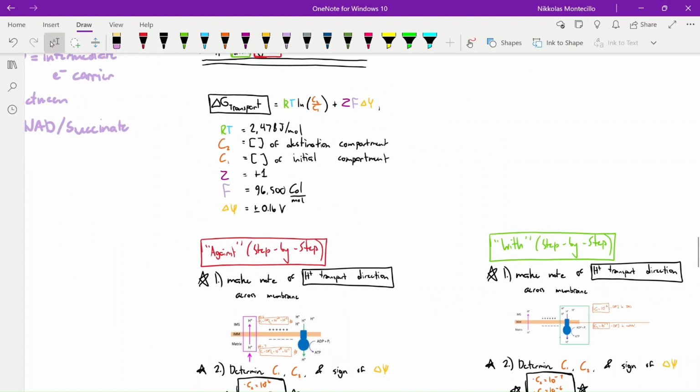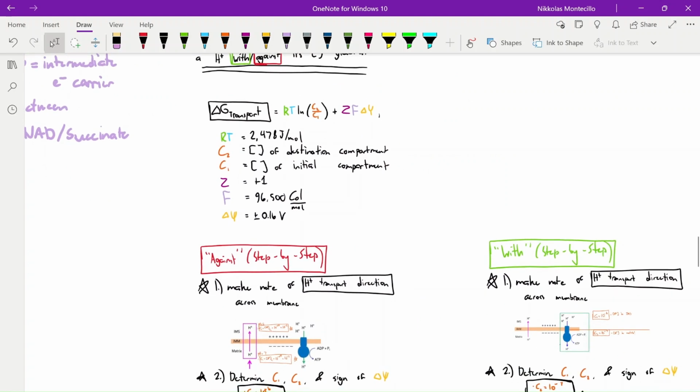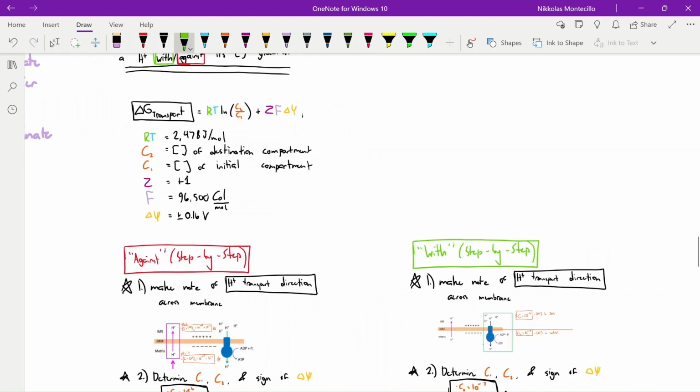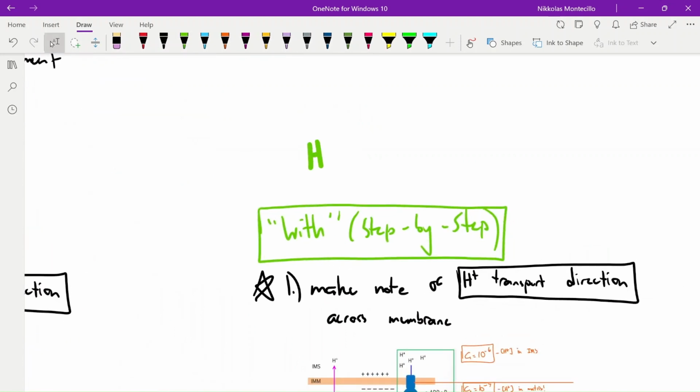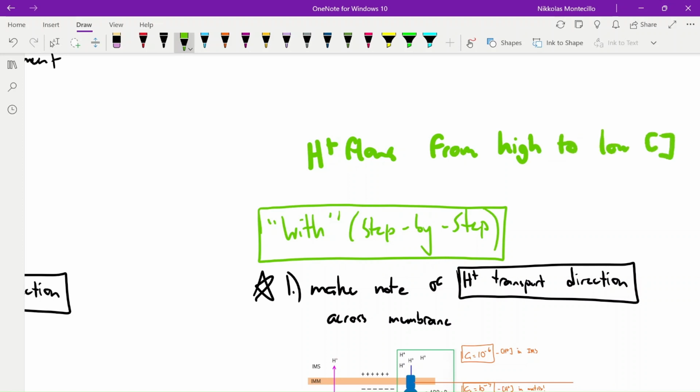Let's say, for example, we want to look at a hydrogen proton that's going with the flow of its concentration gradient. So the H proton flows from high to low concentration. In this case, we would refer to this as the IMS, and this is the matrix.